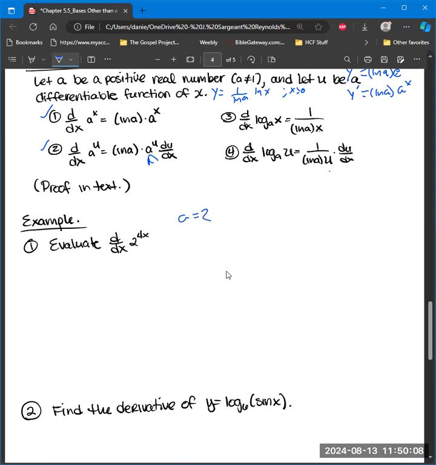So a is equal to 2, u is equal to 4x, du dx is equal to 4. So let's plug and chug. This is going to be ln of 2 times 2 to the 4x times 4, which is 4 ln of 2 times 2 to the 4x.